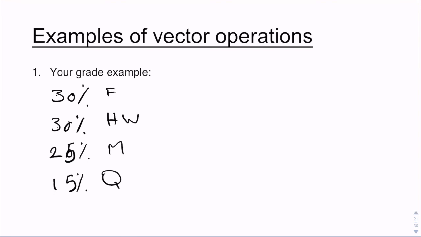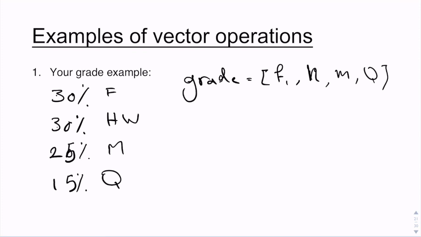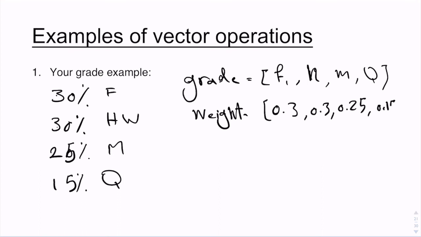If one student's grade components are the final F, and then H, M, and Q, then I create a weights vector: 0.3 for the final, 0.3 for homework, 0.25 for the midterm, and 0.15 for quizzes.